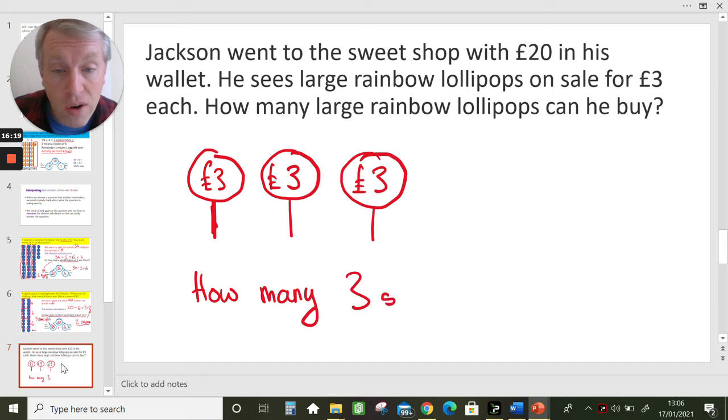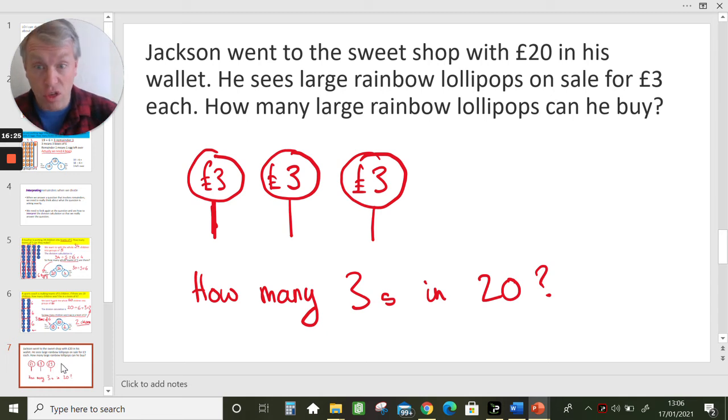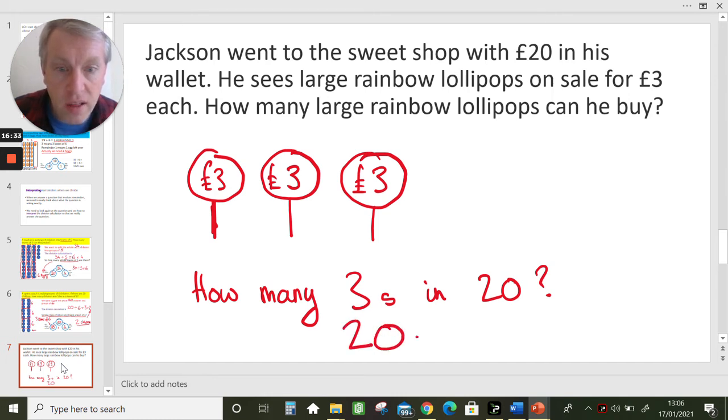How many threes in 20? How many of the £3 lollipops can he buy? So how many threes in 20 is 20. That's all the money he's got. That's the whole amount. 20 divided by 3.